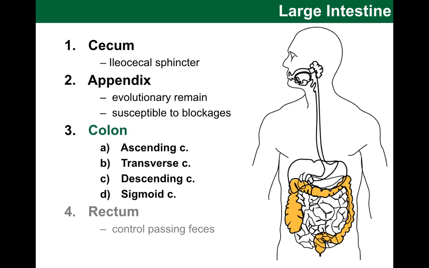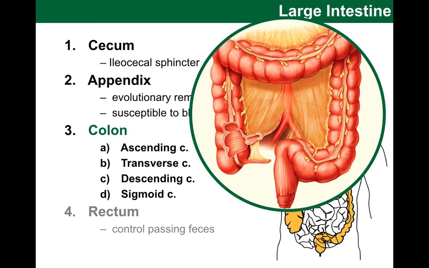The next part is the colon, and this is the most prominent part, often the one that people think of when they think of the large intestine. In a way, one could say that it frames the abdominal region, running more or less on the edges, while the small intestine is more central. Different parts of the colon are named accordingly.